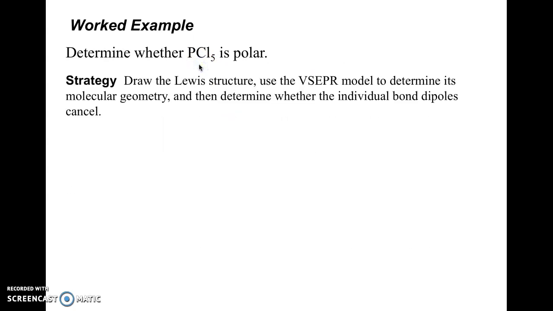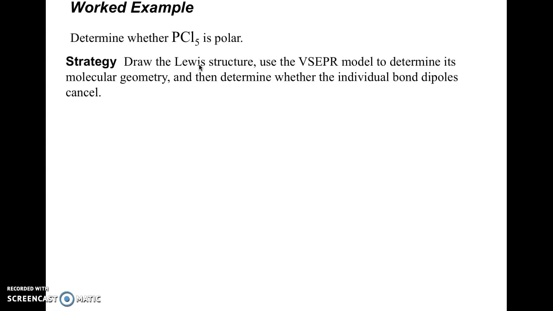Another example of how you do this is to look at PCl5. You have to draw the Lewis structure and use the VSEPR model to determine the geometry, and then you can see if the individual bond dipoles cancel, making it a polar molecule or not. So when we do this, we get this structure for PCl5. You can see it's trigonal bipyramidal.